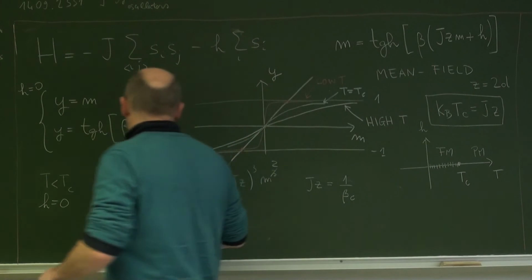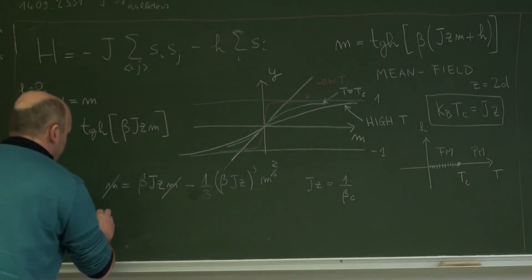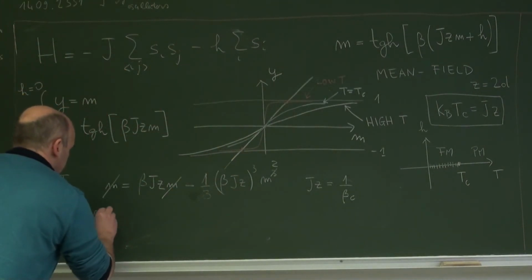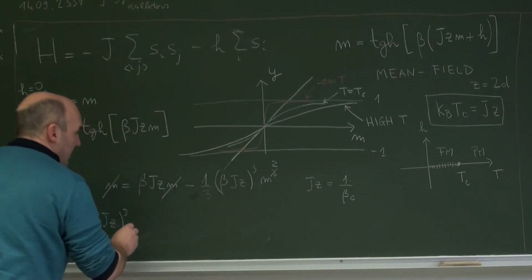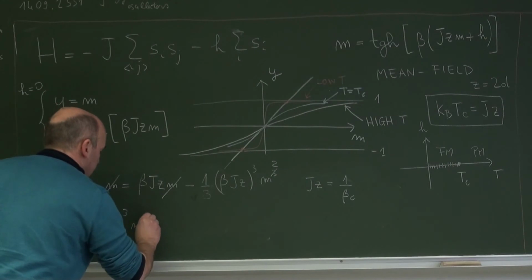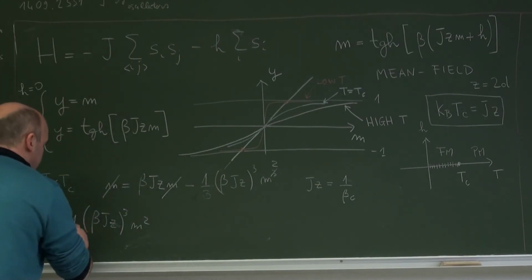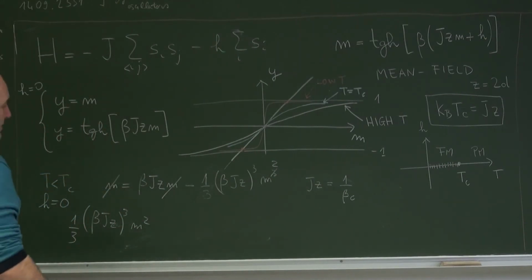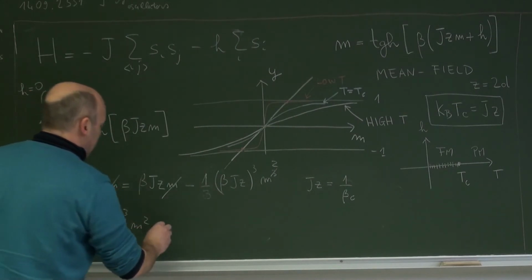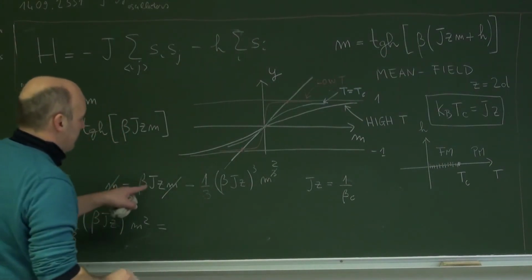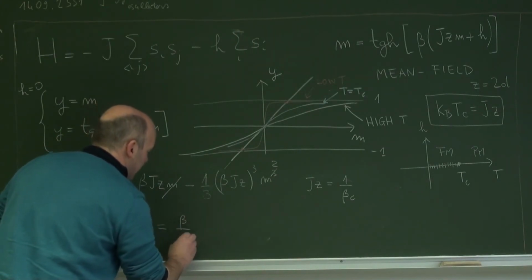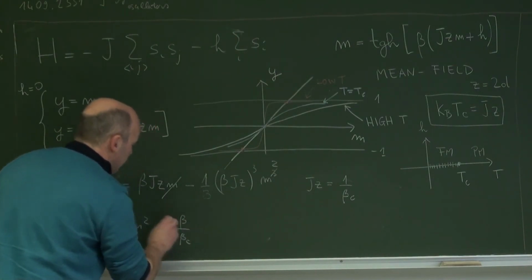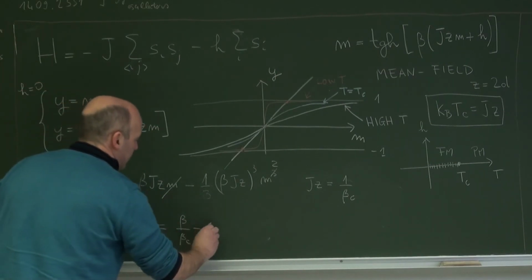Therefore, I can also write beta J z to the third, and from this one, m squared, I can add a factor 1/3, but this is not so important. I bring this to this side, and here I have beta divided by beta c, which is this minus 1.